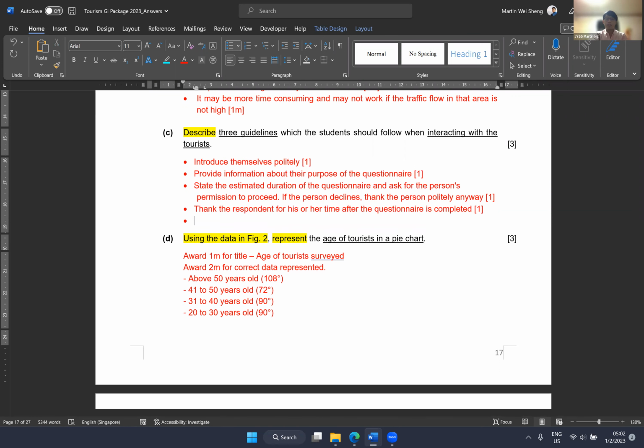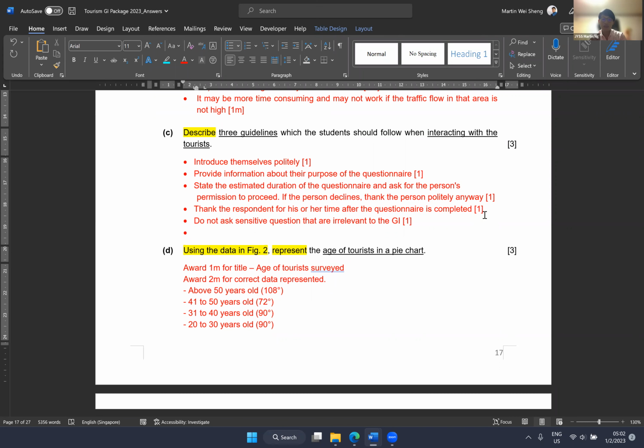So you can say things like do not ask sensitive questions that are irrelevant to the GI. Okay, you can also put, clarify any questions that the respondents are not sure about.